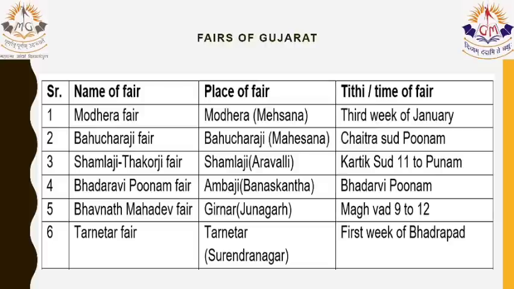Same way, there is an Islamic calendar also, which is used by the people following the religion of Islam. So we will find a mixture of all these calendars whenever we are referring to a fair.